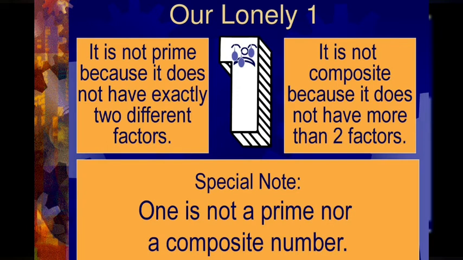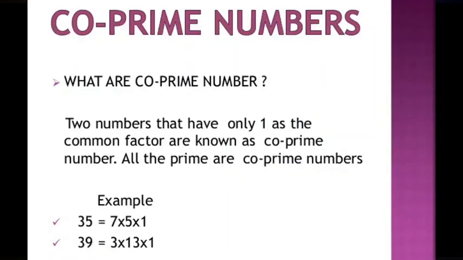So we can say that 1 is neither a prime nor a composite number, because it does not satisfy the condition of a prime number and does not satisfy the condition of a composite number.